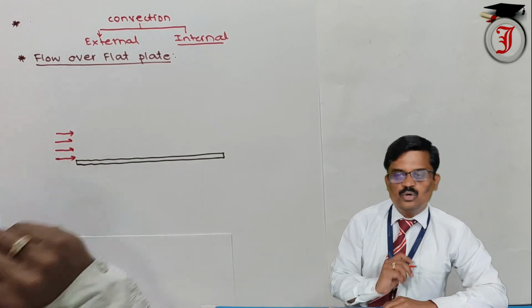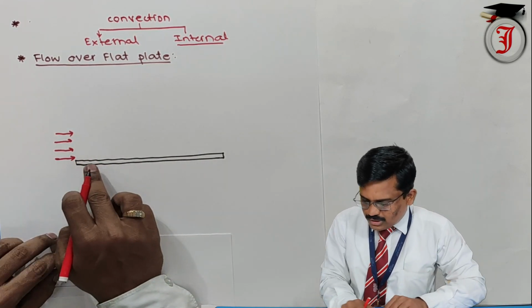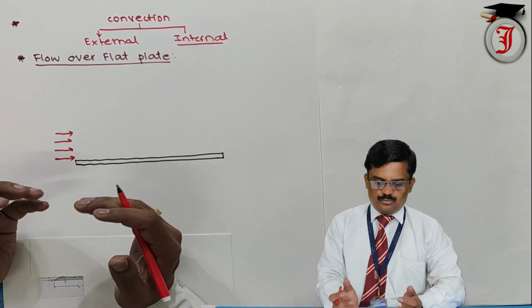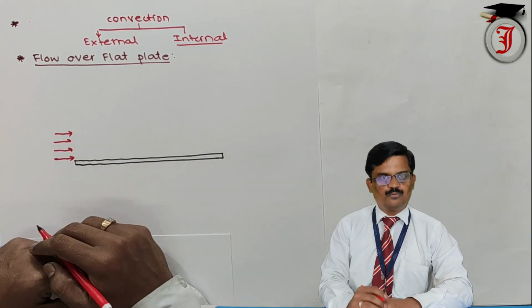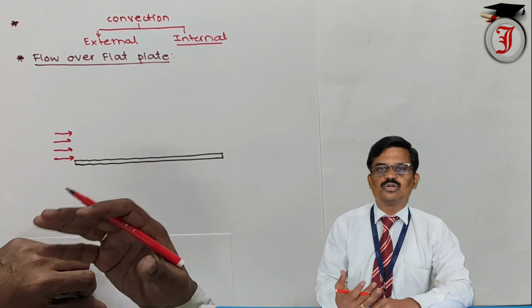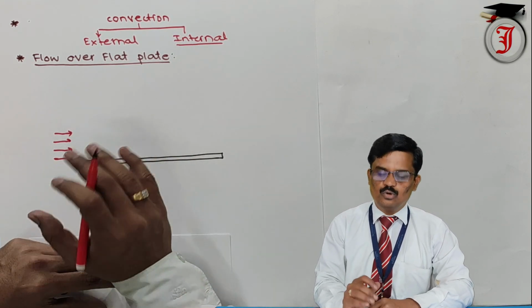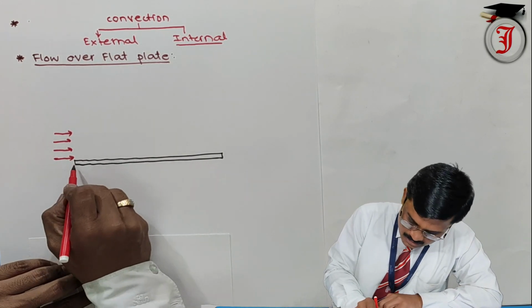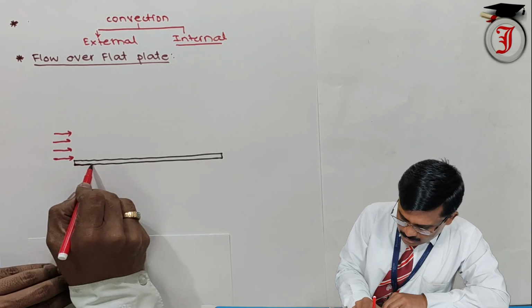For example, turbine blades are also considered as a flat plate. Flow over a flat plate means fluid is flowing over the turbine blade, which is also approximated as flow over a flat plate. Now, this is called the leading edge.